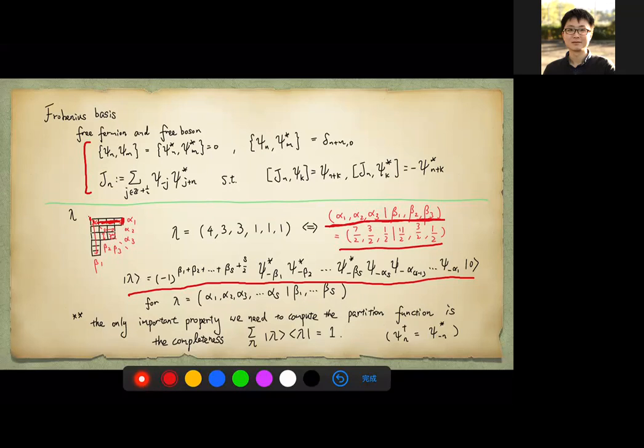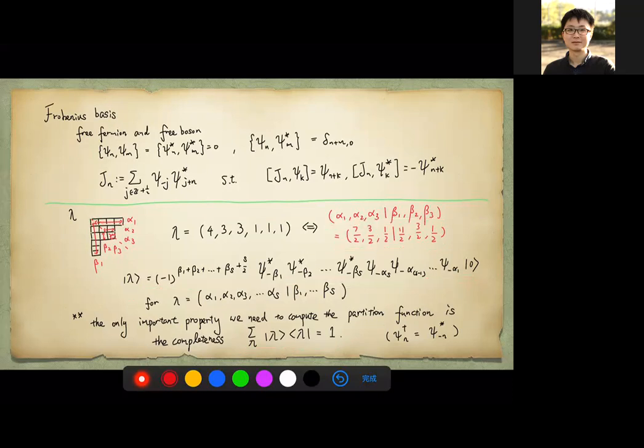And of course, this fermionic basis is a complete basis, so if we sum over all the Young tableaus, it will be 1, and that will simplify the calculation a lot later.